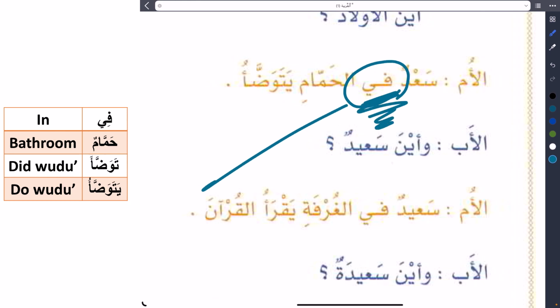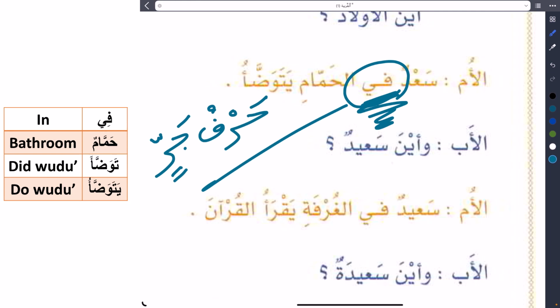This fi in Arabic grammar is called harfu jar. Harfu jarrin. We pause, we say harfu jar. What's the meaning of harfu jar? Harfu jar means a preposition.